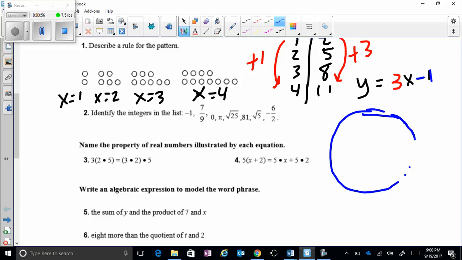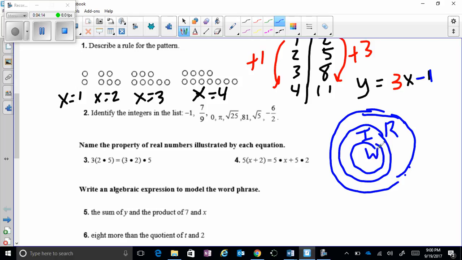On the outside circle, that was our rationals, which is all of our fractions, but also all of our integers, which is no fractions, but it has negatives and positives. Then you had your wholes, and then inside there, you had your naturals. And then outside here, you had your irrationals. So that's just a quick sketch.